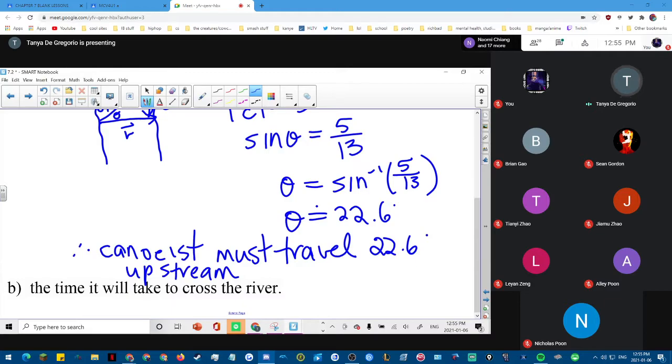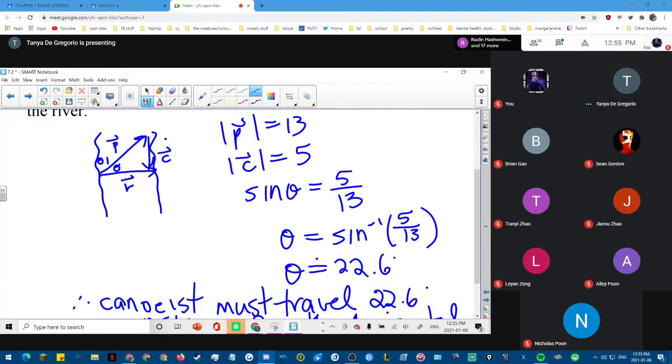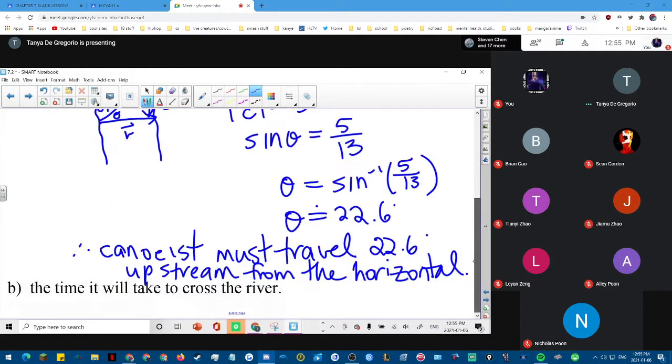And so we're going to say from the riverbank or from the horizontal, okay? Cool.